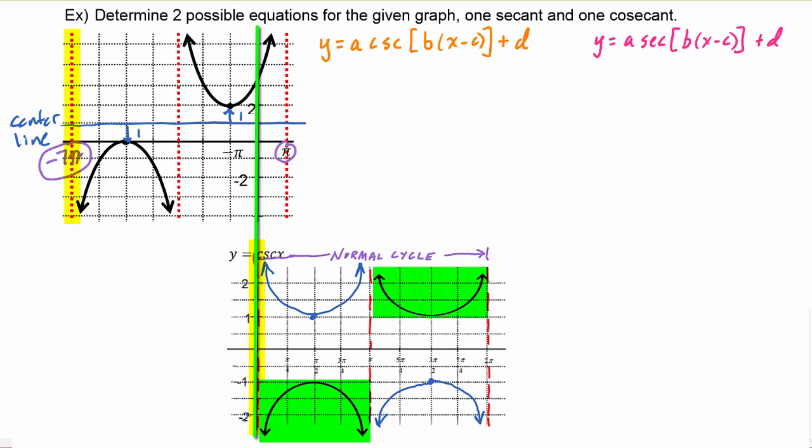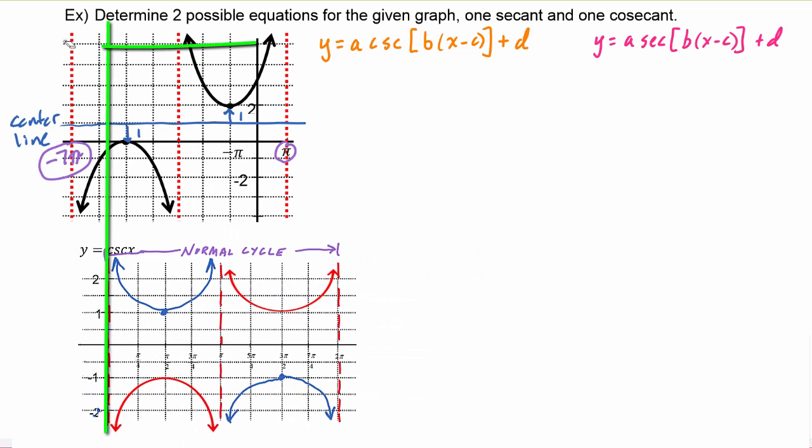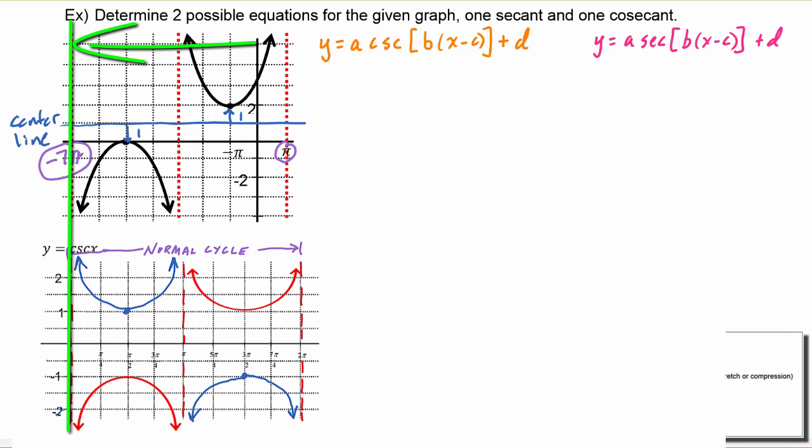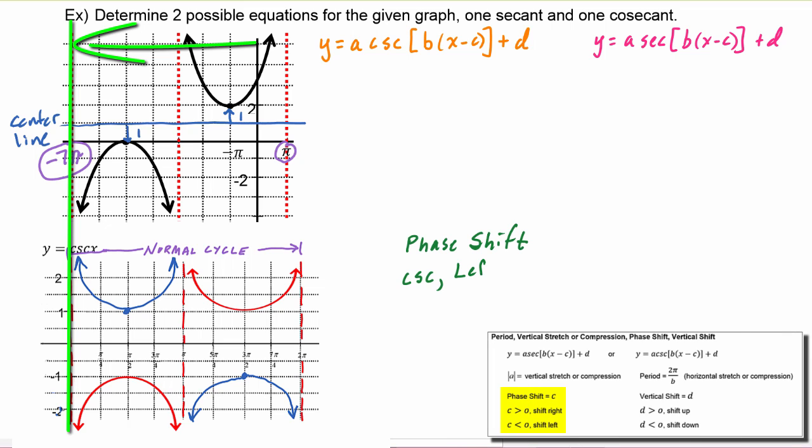It's just that the function has been flipped over. So this first vertical asymptote here has gone to the left by 7 pi, which means c has to be negative 7 pi, which means that what we write is x plus 7 pi.